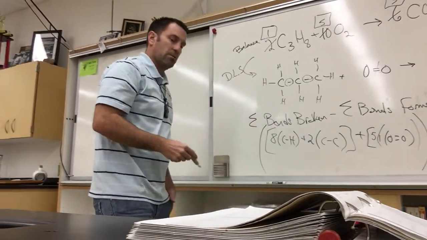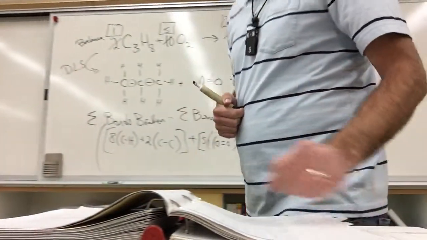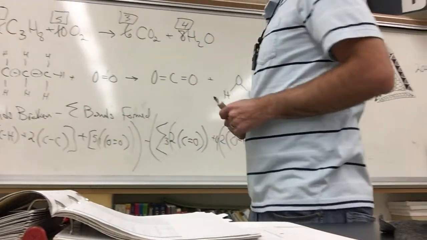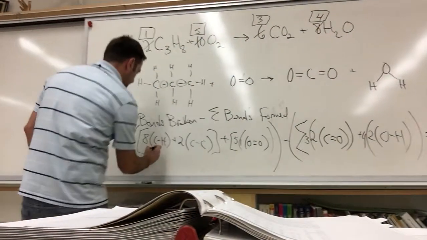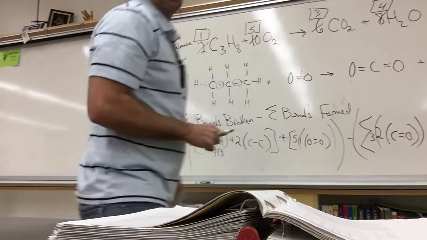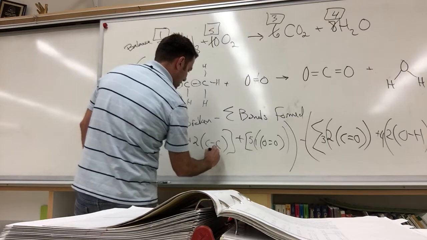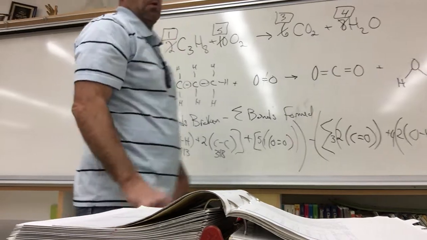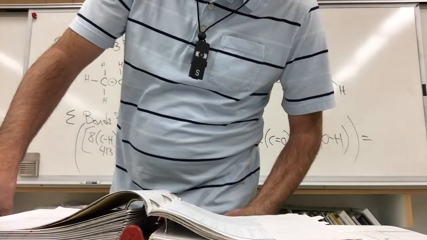All right. Then what we would do is we would look in our table and find the values. I'm on page 316. So a CH bond is 413. A C to C bond is 348. An O to O double bond, where is it?